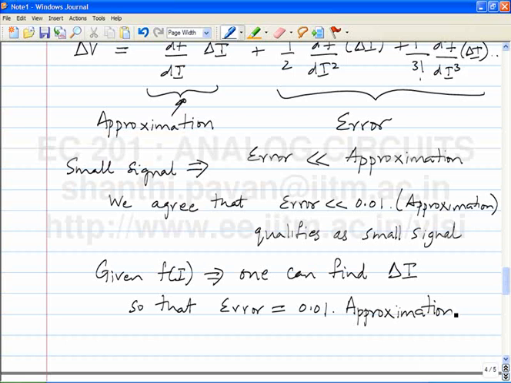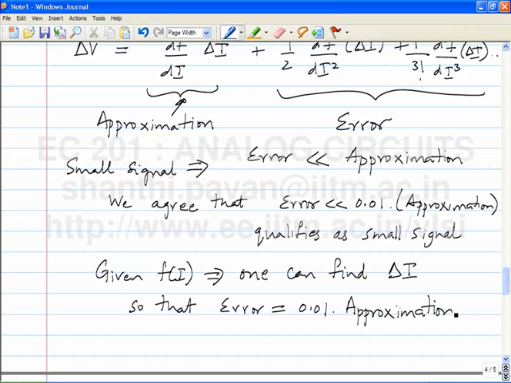Does it make sense? The key point that I want to bring out here is that this notion of small signal is not an absolute notion. It depends on the functional nature of the nonlinear device.